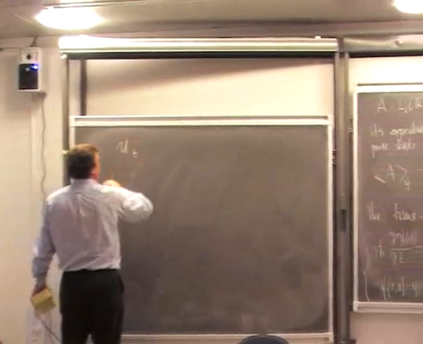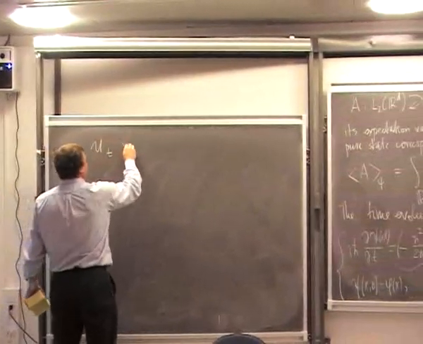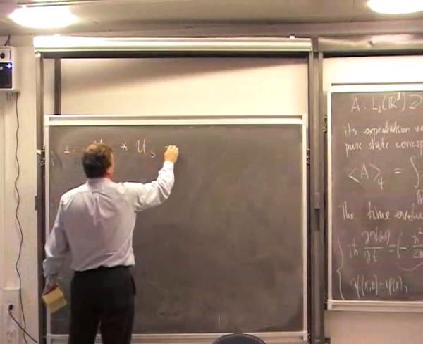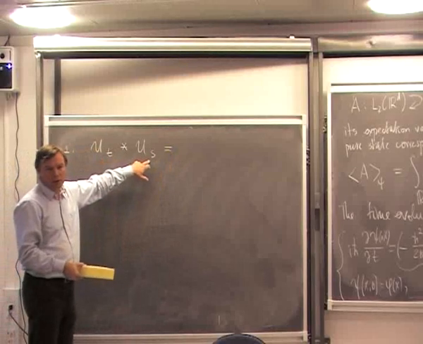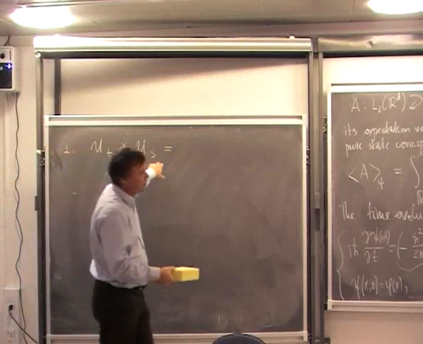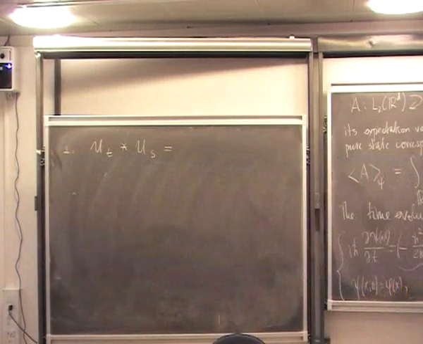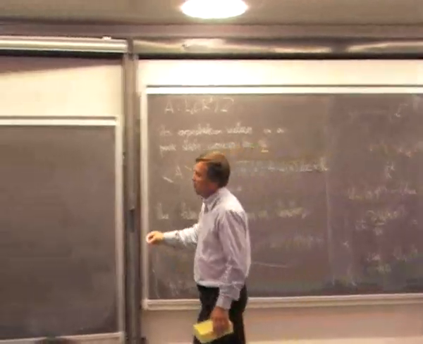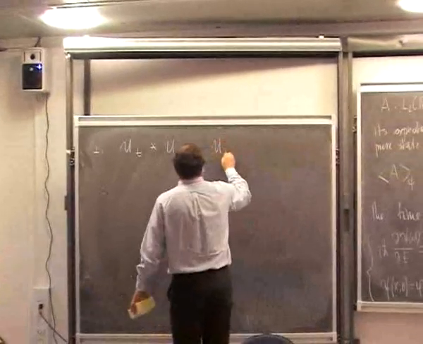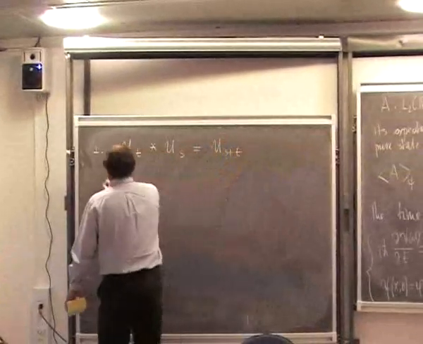First, if you take U_t and take the convolution of integral operators with U_s, this is the same as multiplying two exponents, e to the H s times e to the H t. So this gives s plus t.